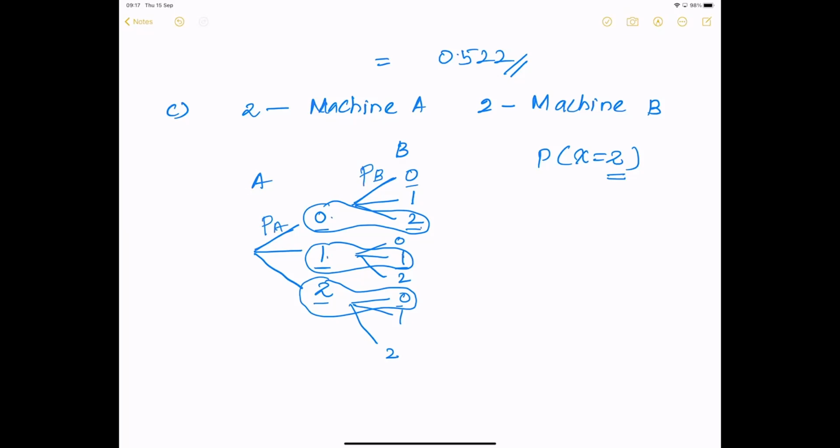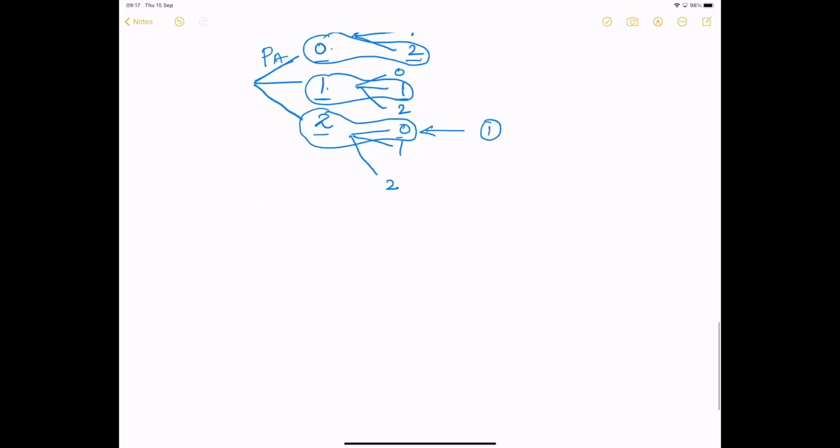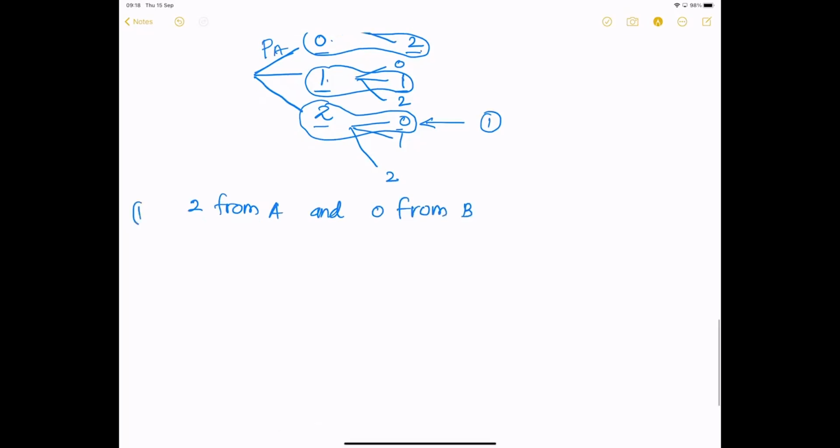Let's see how to find that one. Just consider this situation: 2 from A and 0 from B. That is A1, right?